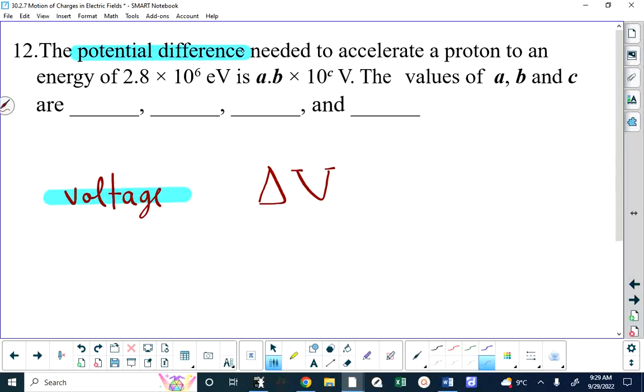Voltage is change in energy over charge. And I've said this before, and Ian, you and I talked this morning about this, but I will say it again. Any formula that's on your formula sheet is only good for standard units unless you're told otherwise. Which means in this formula, this is volts.